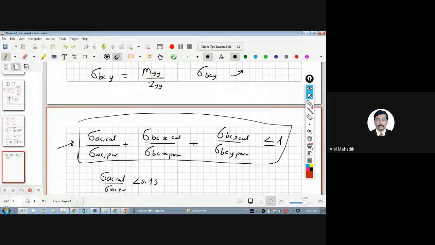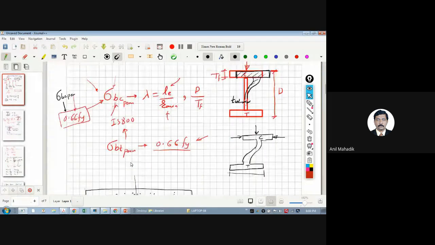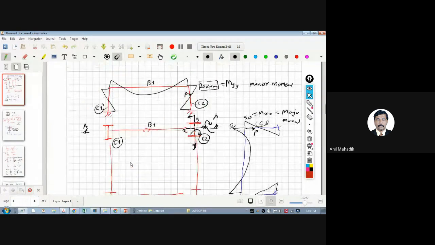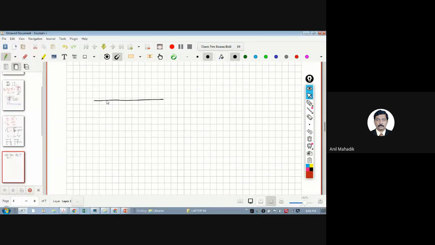Now homework for you. You take any example of beam. You assume certain load. So one problem is this. Let's say you are having a beam of span 6 meters. The load is 10 kilonewton per meter. Assume this as simply supported.